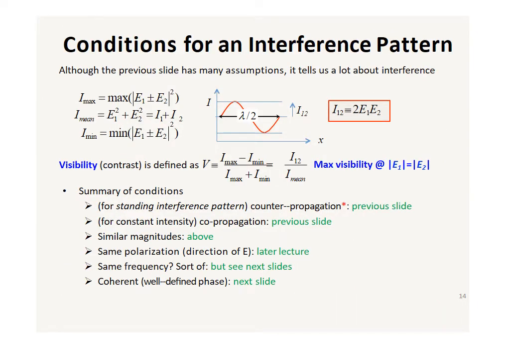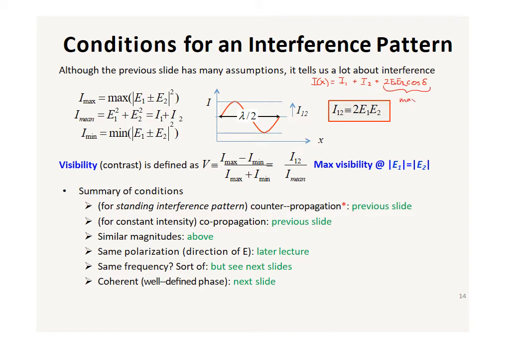I'm now going to write our interference expression here slightly differently. So instead of E1 squared, I'm going to write I1. Instead of E2 squared, I'm going to write I2. And here is our interference term. Sorry, E1, E2 by cos delta, our interference term.